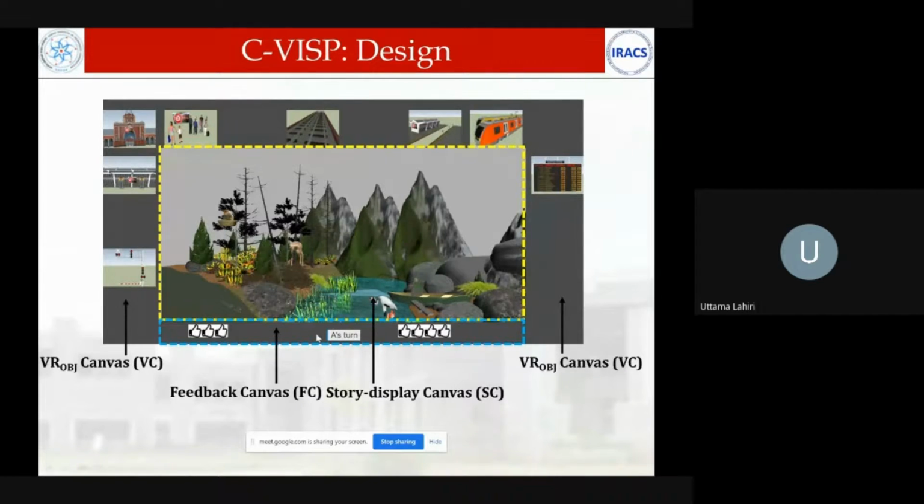And then there is a feedback canvas, which is provided, like thumbs up, thumbs down. So if I am playing with you, and I'm trying to develop a story related to a landscape, then you as a friend will understand that, oh, hey, she's trying to develop a story with a landscape, so let's build a story around that, right? And in that case, we provide a thumbs up.